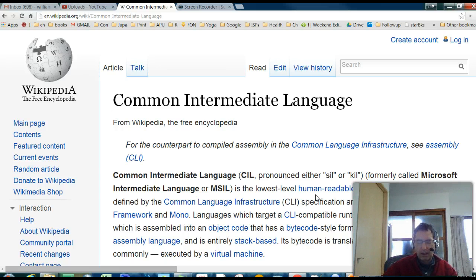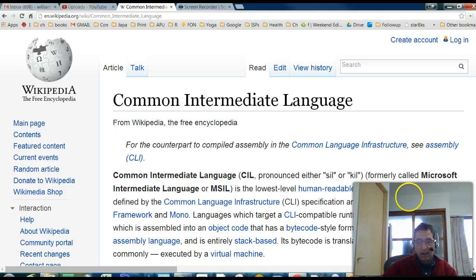We talked about high level languages versus not high level languages, and basically high level language is human readable, and low level would be zeros and ones. So it is the lowest level human readable programming language defined by the Common Language Infrastructure specification and is used by the .NET framework and Mono.